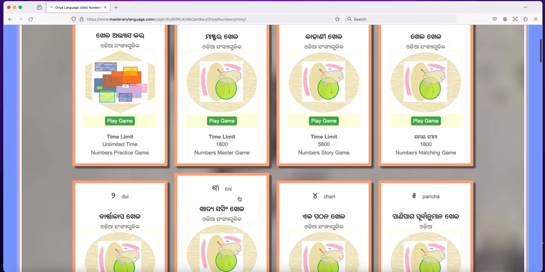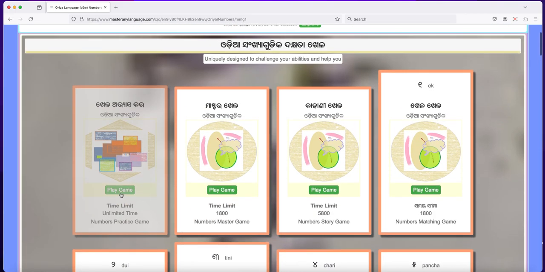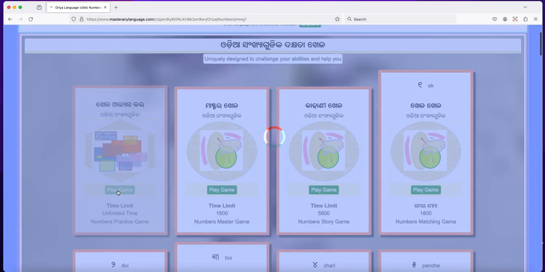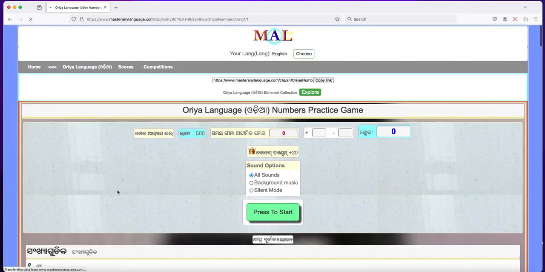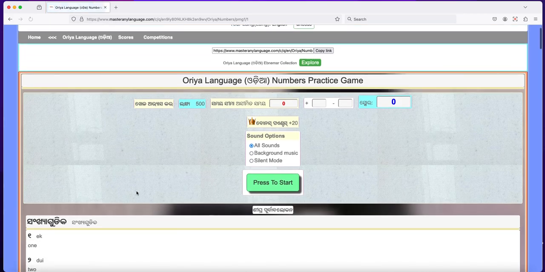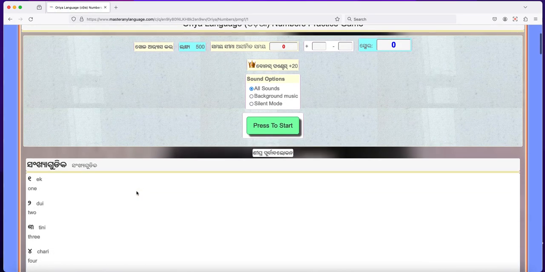But we're going to pick the first one here, the numbers practice game.